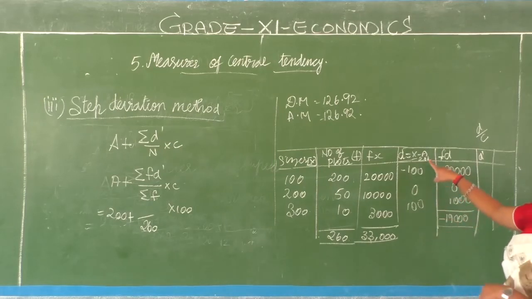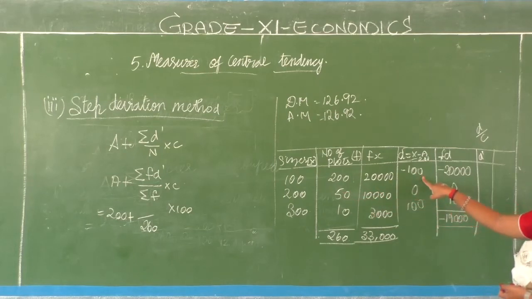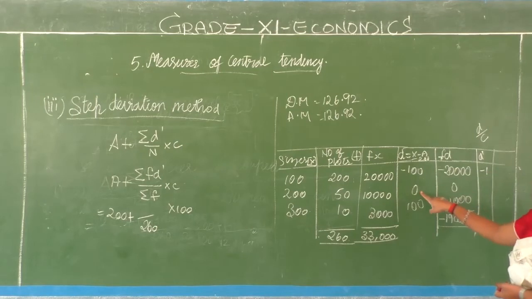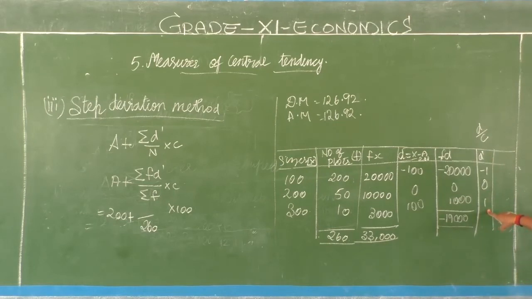That means this value divided by the common factor 100 will give you an answer. Minus 100 by 100 minus 1. 0 by 100 0. 100 by 100 1. If you take it again, children, what is the value? 0. Okay? Now you need to multiply d dash into f. 200 into minus 1. What is this?